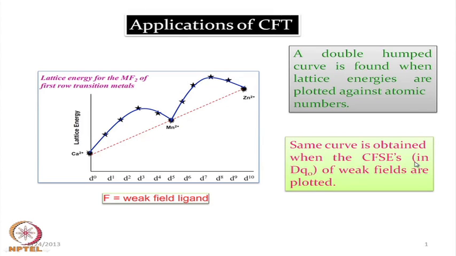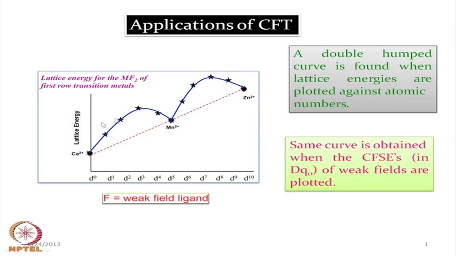We have calculated the CFSEs so far for both the high spin and low spin configurations. The same values in terms of dQo, not dQt, because it is not giving us any tetrahedral geometry, only octahedral geometry. In that octahedral geometry, if we plot these CFSEs, we will get the same double humped curve.